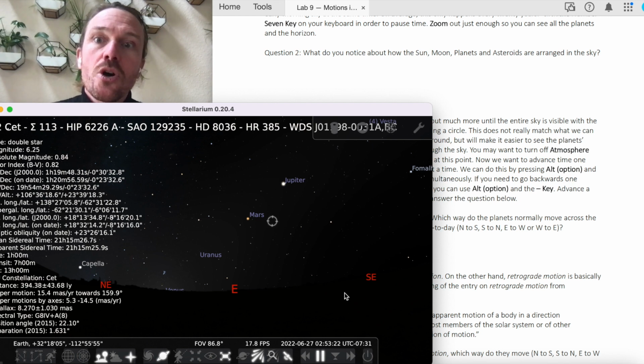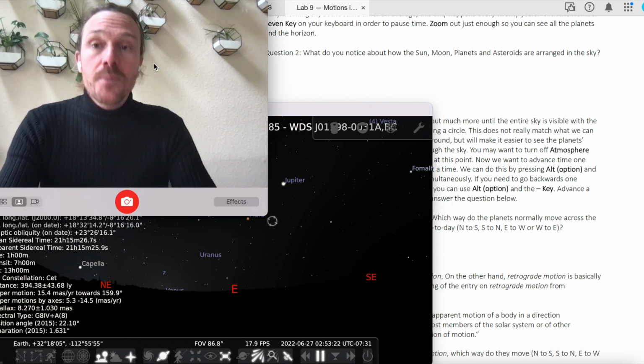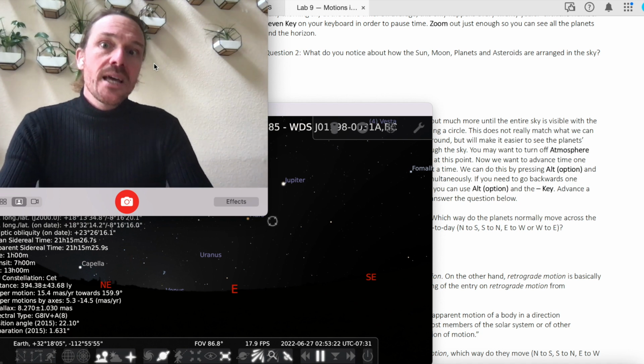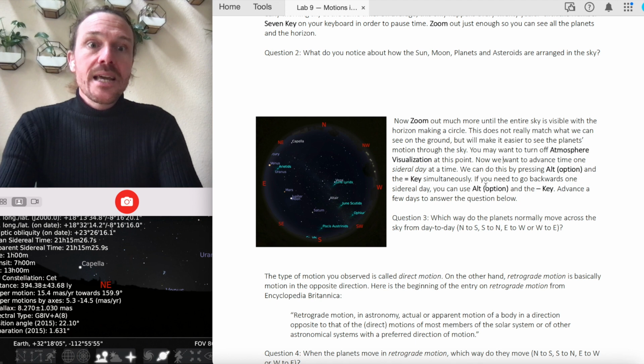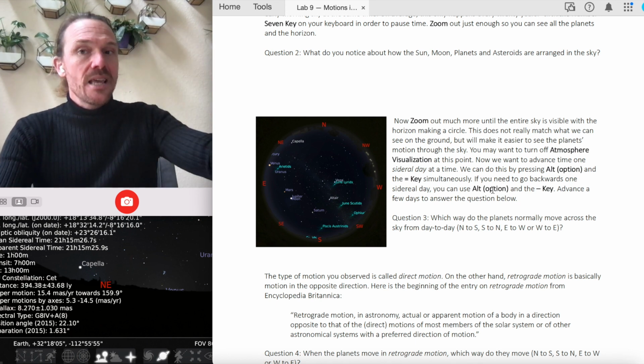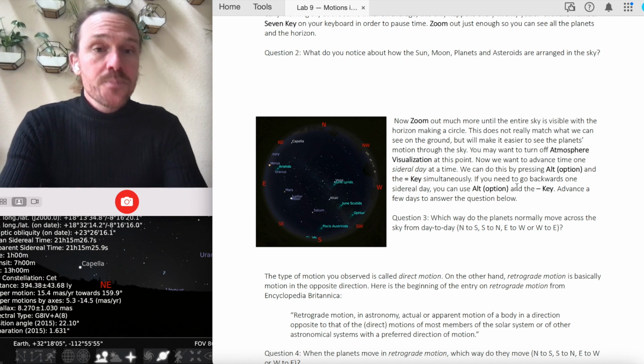So with all that in mind, if you advance a sidereal day one at a time, you're going to be looking at the exact same portion of night sky, whereas if you advance a solar day, you're not. The default is to advance a solar day, but what I tell you to do here is actually advance a sidereal day. So you're looking at exactly the same point away from the solar system. It's the same heading.